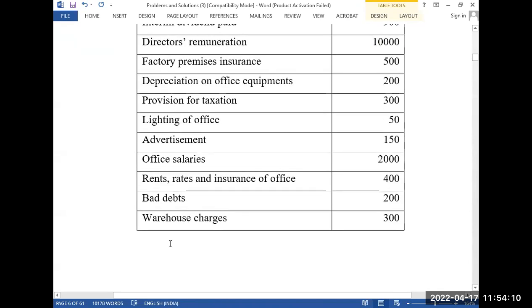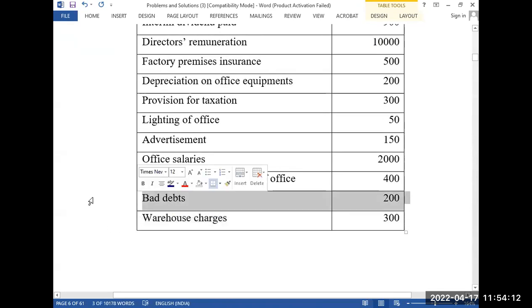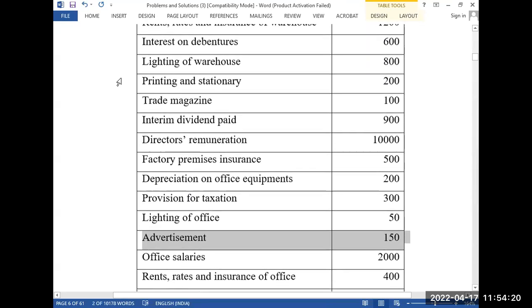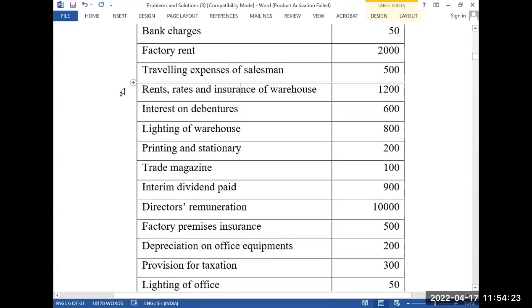Look at this: selling, warehouse, bad debts, advertisement. Rent, rates, insurance of warehouse. Travel expense of salesman. Okay.